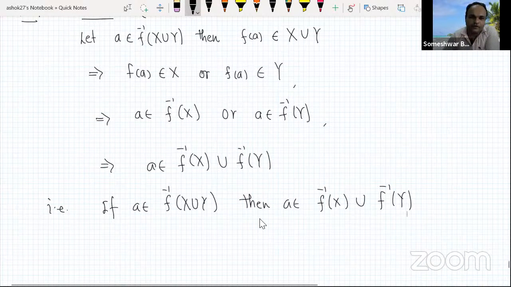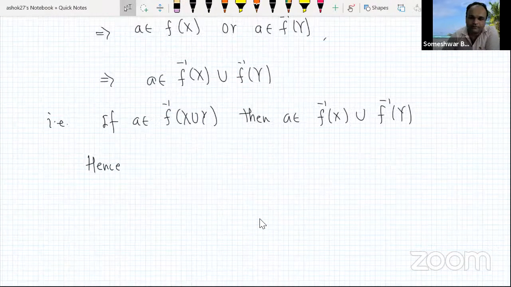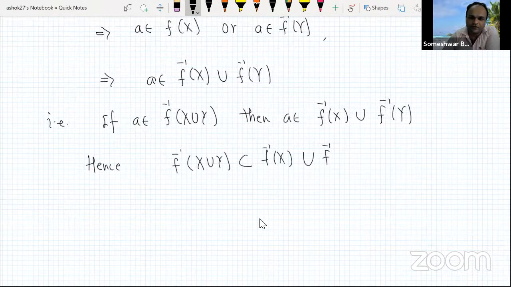Hence we write f inverse of X union Y is a subset of f inverse of X union f inverse of Y. Call this equation number 1.